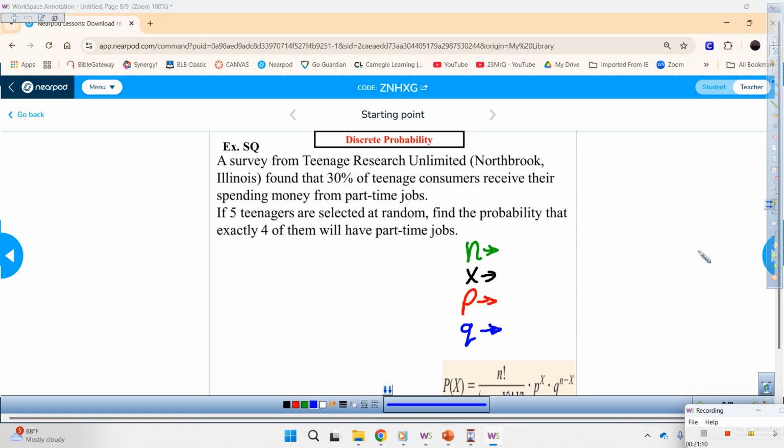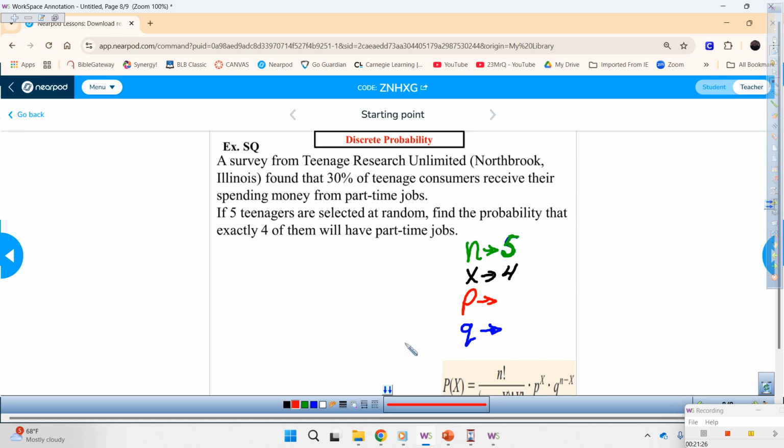All right. What did you get for N? Pass someone, Brandon. Cole. 5. That is correct. Pass someone for X. 4. How about the probability of a success?